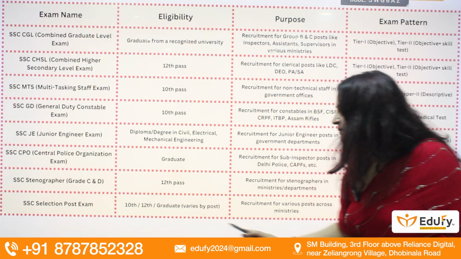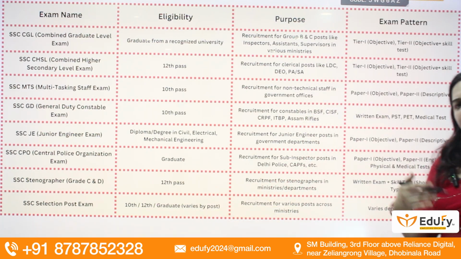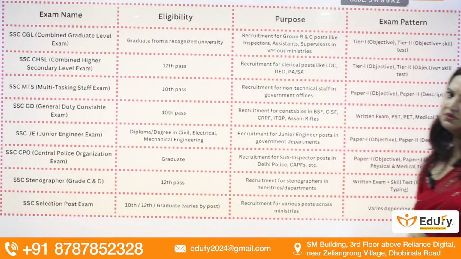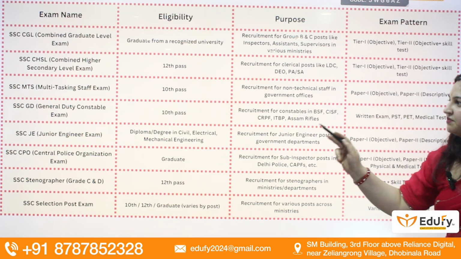And this is the selection post exam. Whatever posts are there in the different ministries, that exam is also conducted by SSC. We have seen the pattern of two major examinations, CGL and CHSL. Now MTS has two papers: paper 1 objective, paper 2 descriptive.